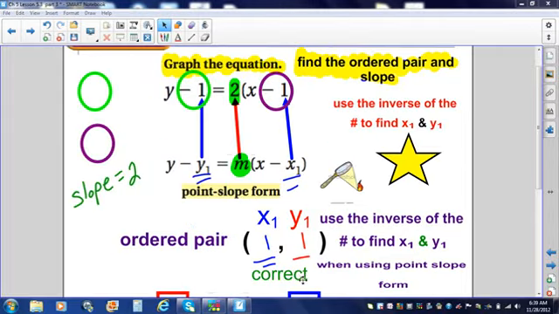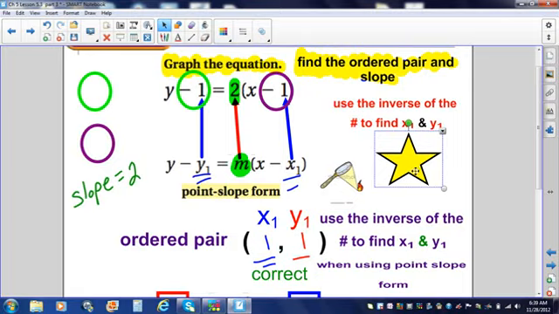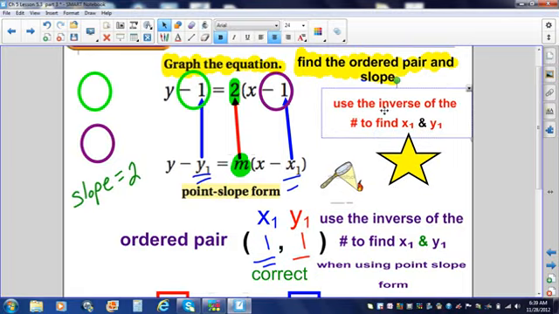Now, let's do it the correct way. Make yourself a note on your paper. You need to do the inverse of the numbers to find x1 and y1. I put a star by it because that's important for you to remember. What do you mean, Mr. Phillips?